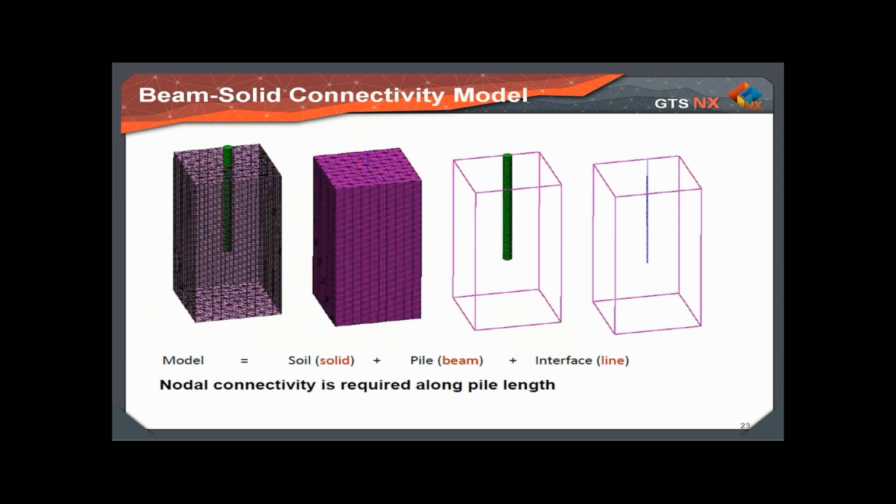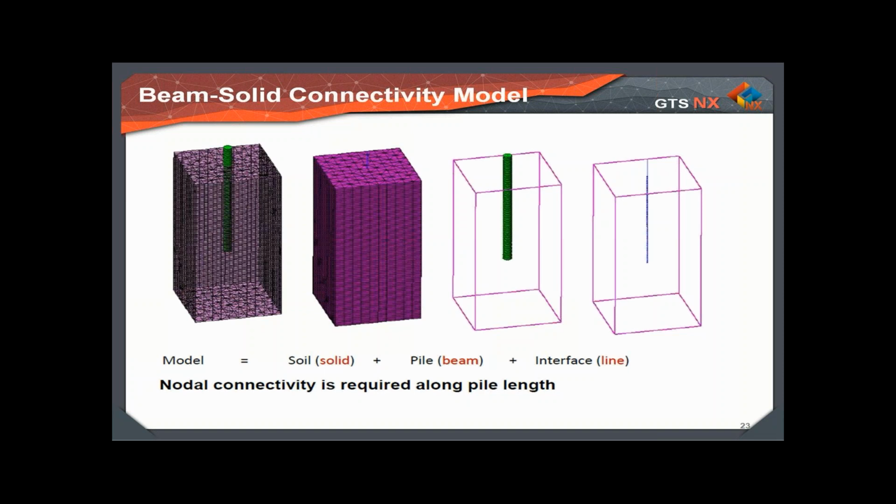Another possibility is to use the beam solid connectivity model, and here you will have solid representing soil, and for the pile, instead of using a solid element, you will use a beam element. Here we have only the cross section showing, so this is for visualization only, but the pile itself is actually modeled with a beam element, which is a 1D element.